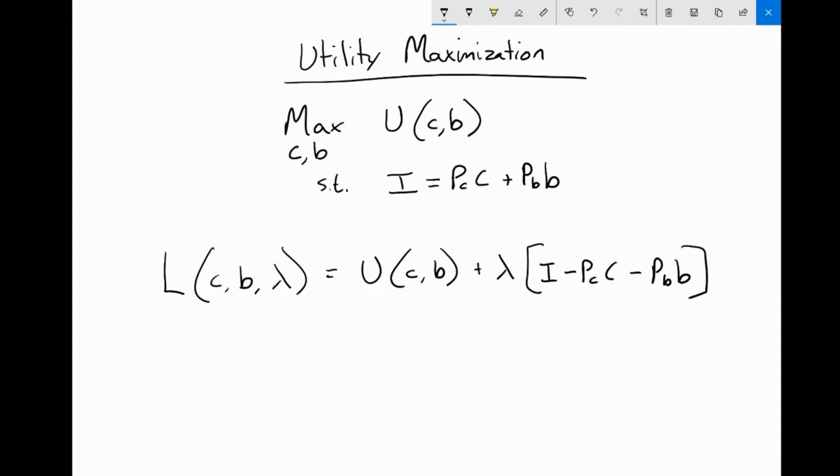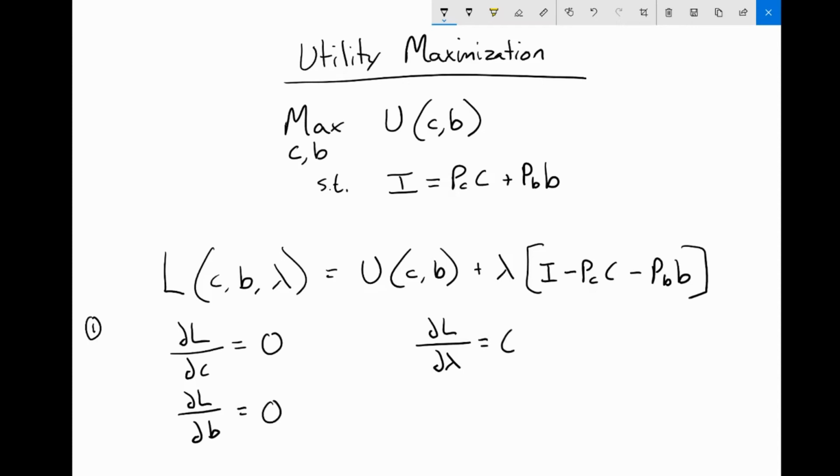First step, we find the derivative of the Lagrangian with respect to C, the derivative with respect to B, and then the derivative with respect to lambda. Step 2, we set all of these derivatives equal to 0.